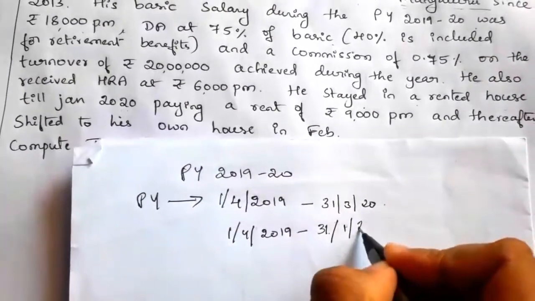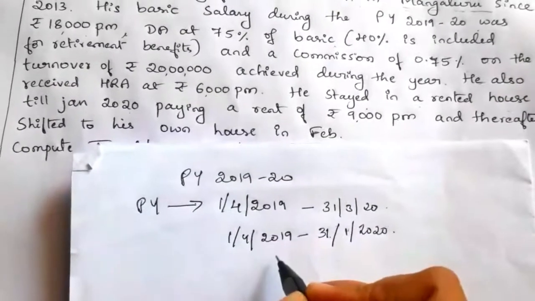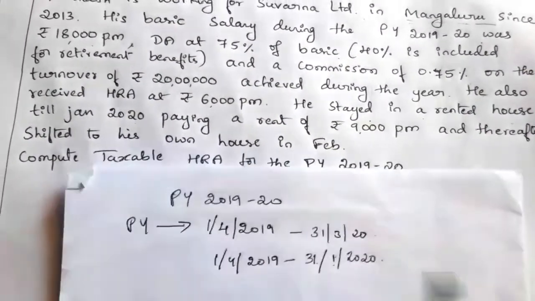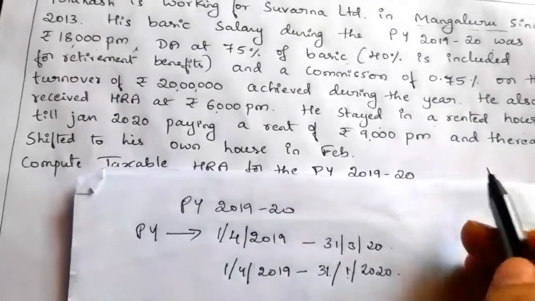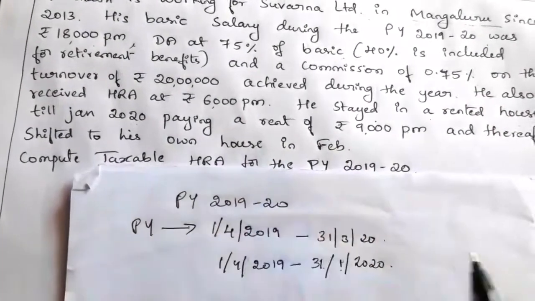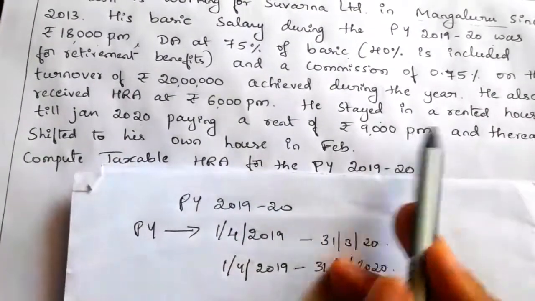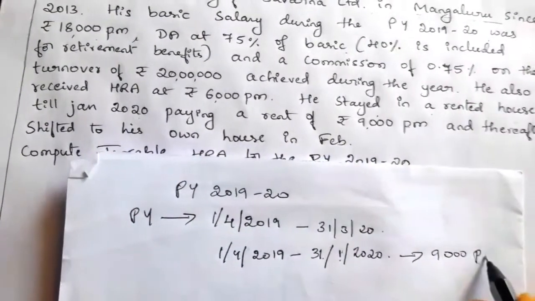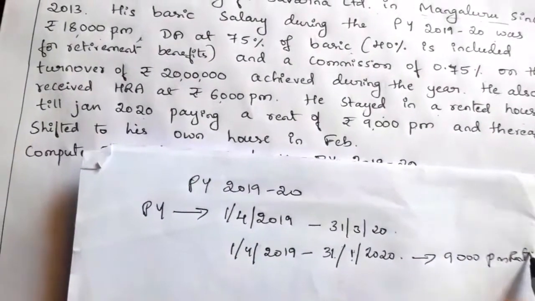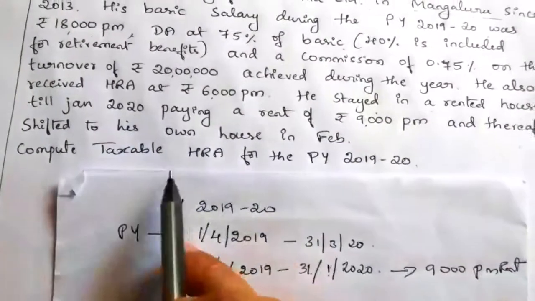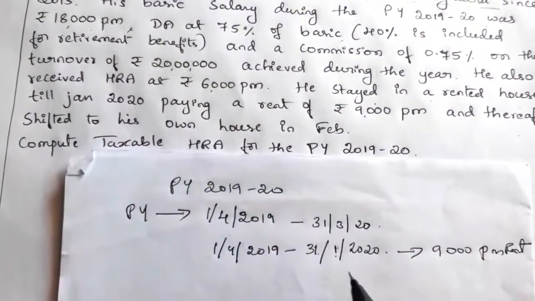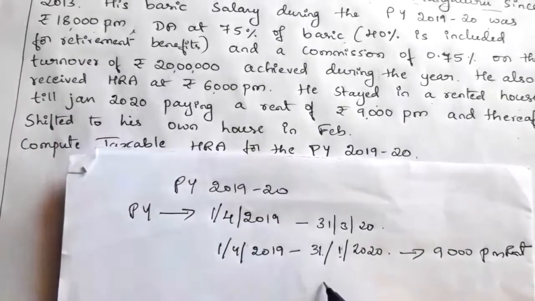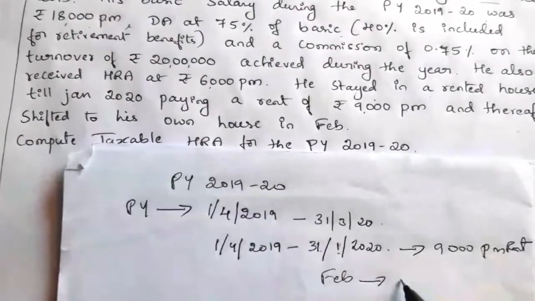He paid 9,000 per month as rent. Thereafter he shifted to his own house in the month of February.